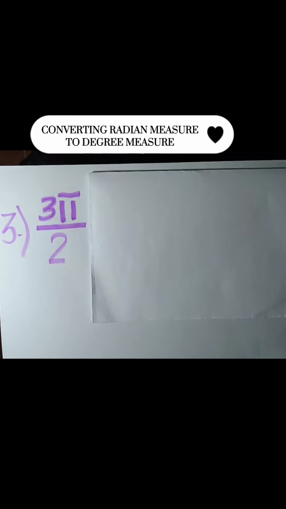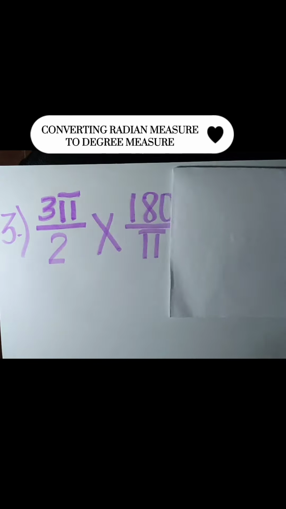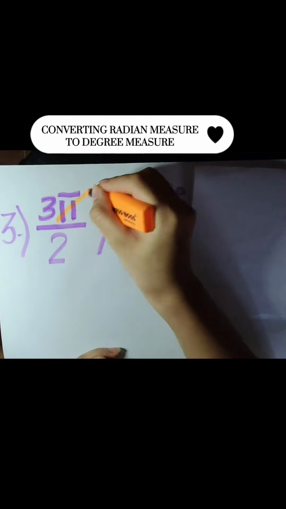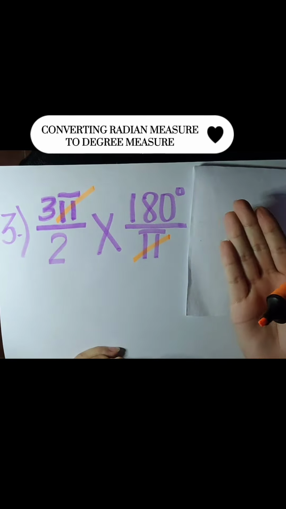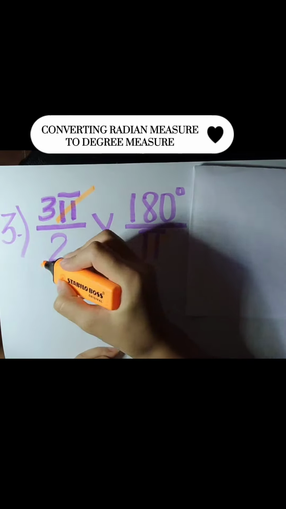For our last example, we have 3 pi over 2. We're still going to multiply it by 180 degrees over pi since we are converting radians to degrees. First, we're going to cancel the pi. And then, since 2 and 180 degrees have a greatest common factor, we're going to cancel it.